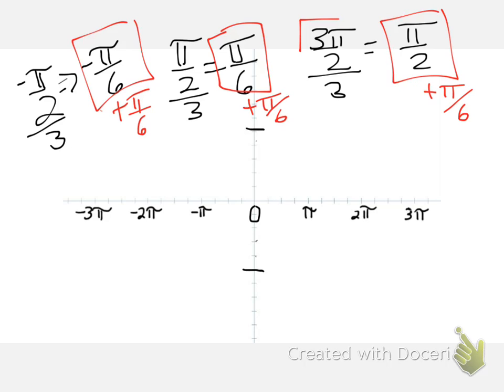Pi over 6 plus pi over 6 gives me 2 pi over 6, or pi over 3, and we'll estimate that right about there. And then 3 pi over 6 plus pi over 6 is 4 pi over 6, or 2 pi over 3.